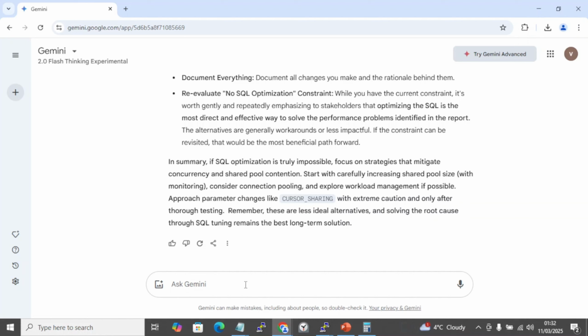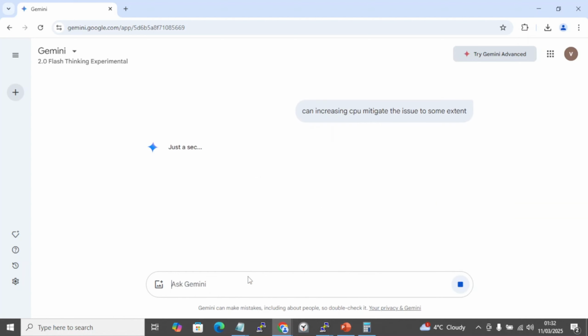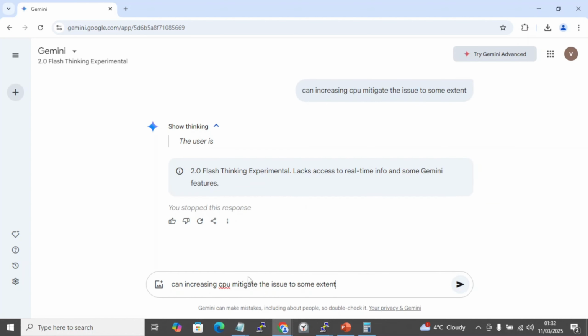All right, but it did give me the answer last time when I was doing the search. Let me see. Can increasing CPU mitigate the issue to some extent? All right, it stopped.